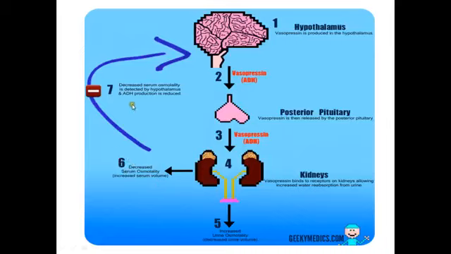And now this is the thing which goes as a negative feedback. We know that all the pituitary hormones are under the influence of negative feedback. So this hormone is under the influence of serum osmolality.